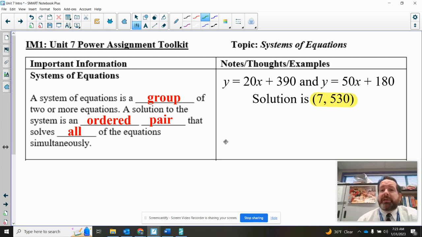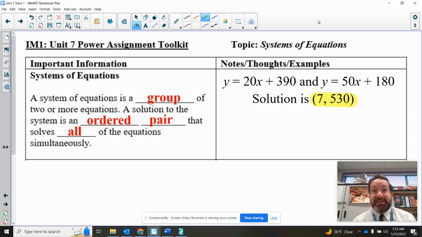So let's take a look over here at the example. Now you'll notice I wrote the equation slightly differently. I put the y at the front and the 390 at the back, kind of changing the order of things. That's so it matches the y equals mx plus b format that we're often used to seeing with our linear equations. Now what's not here is a check to make sure that we actually did okay.